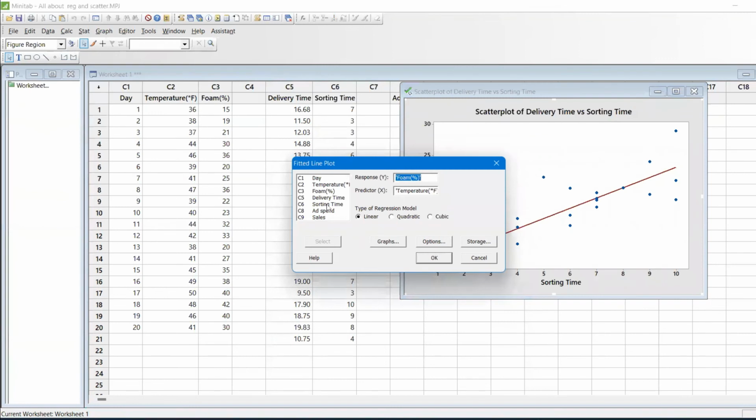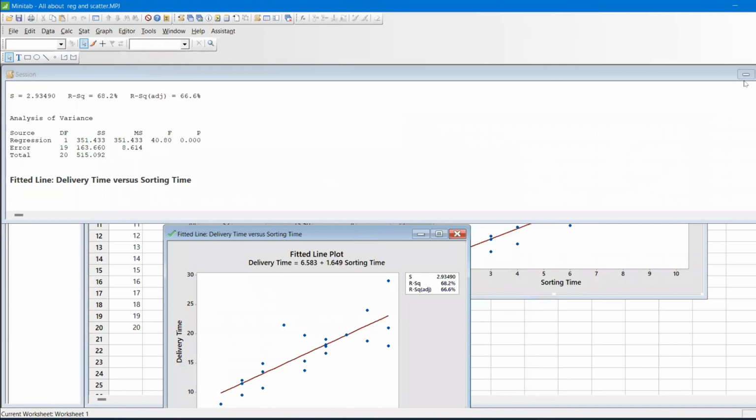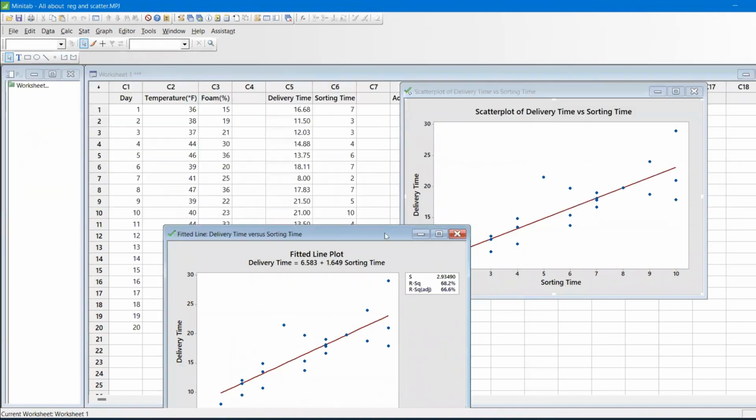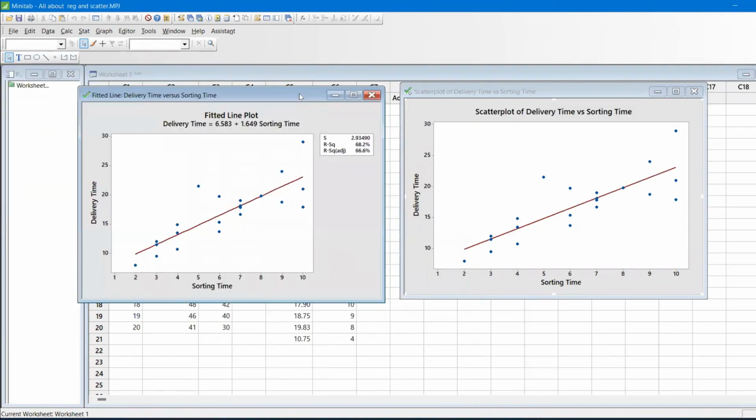In that, I'm just going to give delivery time and sorting time. Click OK. Both are exactly the same plots, but you get additional, enriched information, like what the R square value is and what the standard deviation is, because this is being referred to as coming from the sample, the observed value. If this were coming from the population, then standard deviation would come. So this is the slope line and all that we have got.